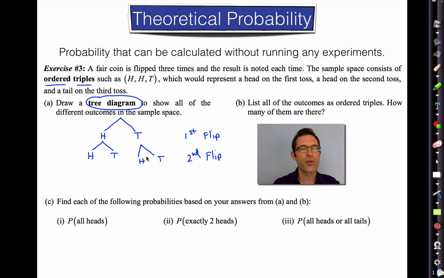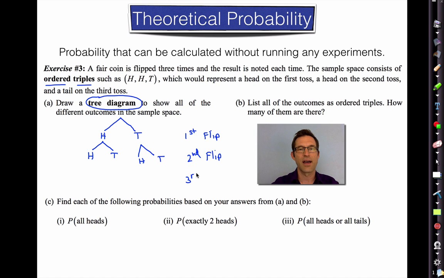Before we flip it a third time, just understand this. Walking along these branches of the tree, HH represents getting a head on the first flip and then a head on the second. This one, HT, represents getting a head on the first flip and a tail on the second flip. This TH, even though they both have an H and a T, is a completely different outcome: a tail on the first flip and a head on the second one.